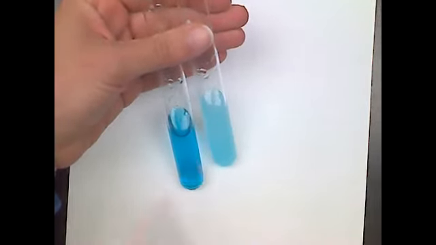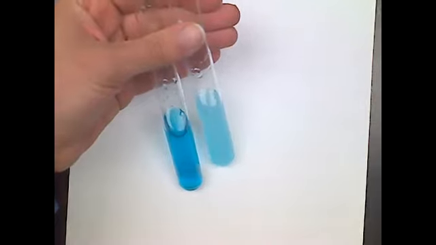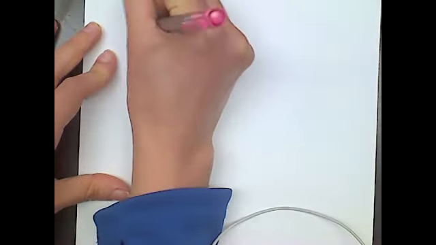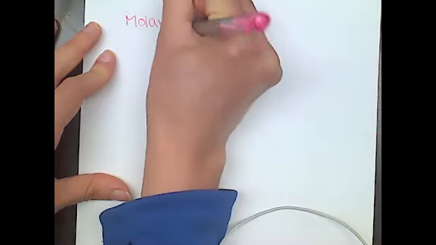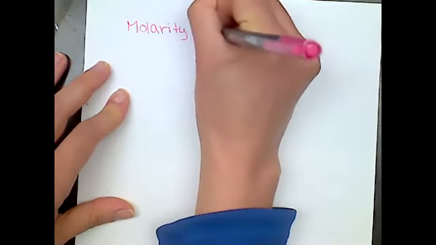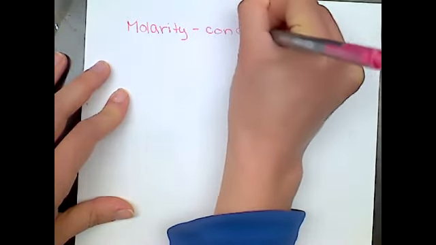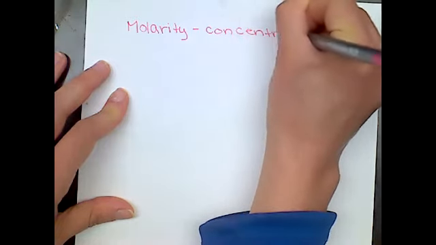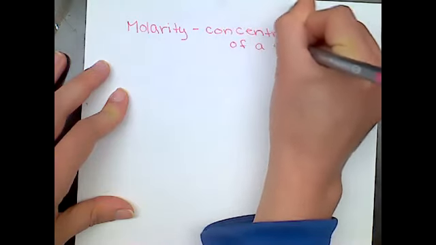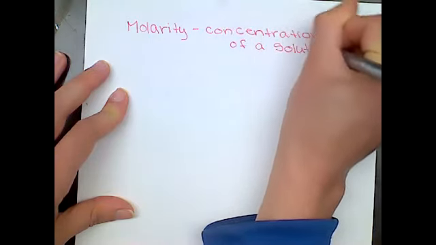We need to apply an idea to it, and this is where we get the key idea called molarity. Molarity is the way that we talk about the concentration of a solution.